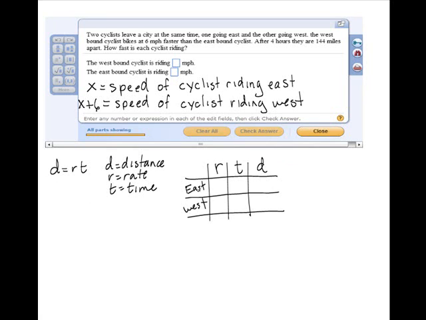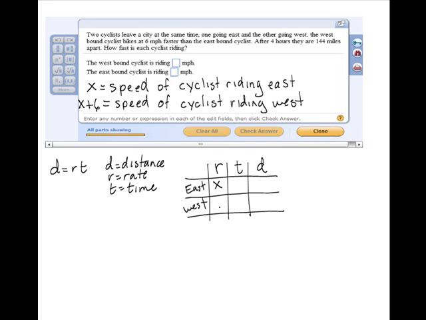And then since there's an east and west, that's why I put the east and the west. Okay, the rates. I'm going to try to fill out these 4 and then use my formula for these 2. So the quantity for the speed of the east is x.